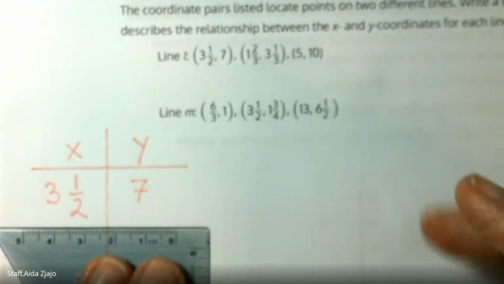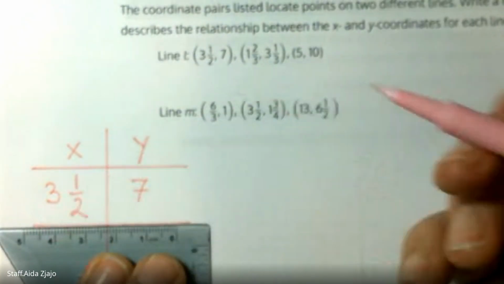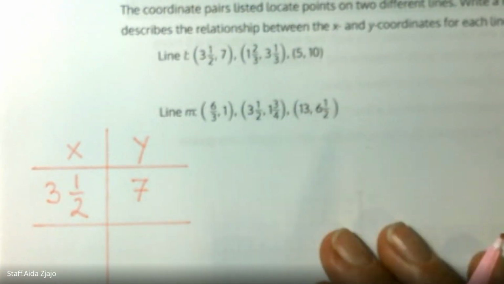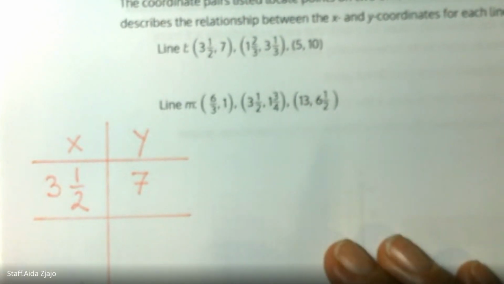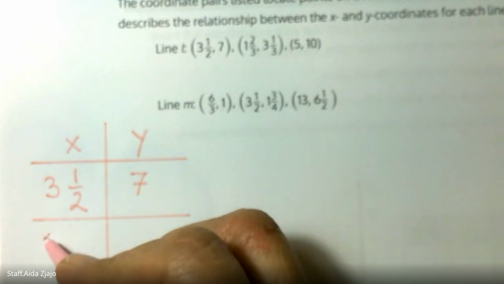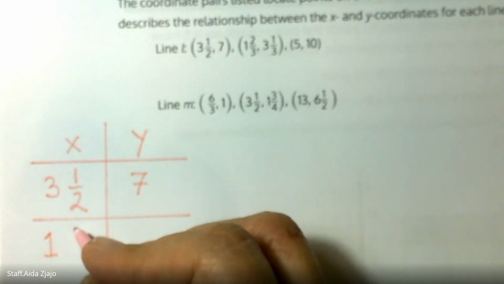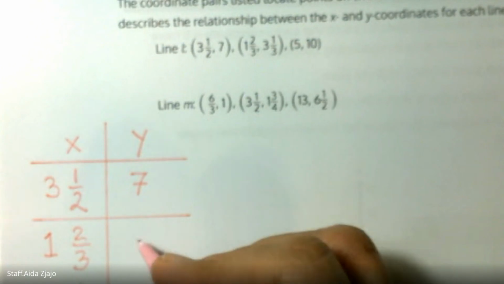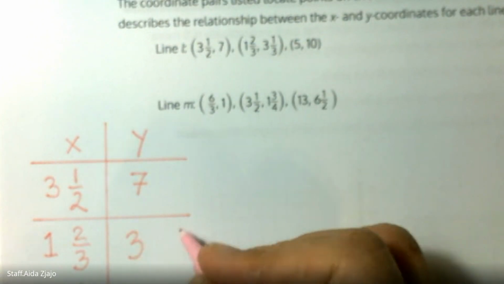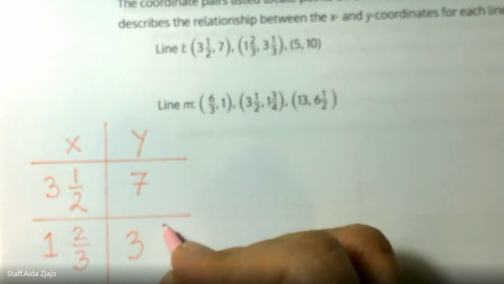I'm going to draw a line there. That's the first pair. The next pair is 1 2/3 and 3 1/3.